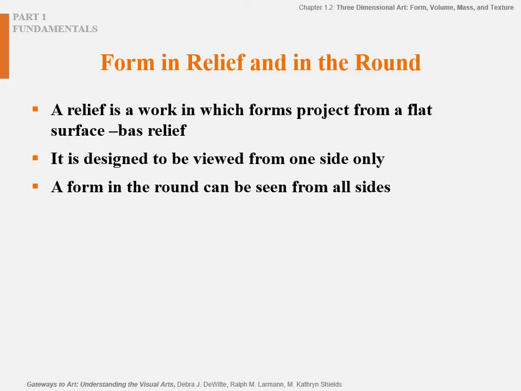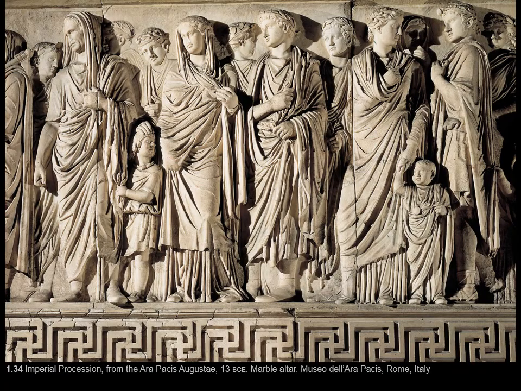There's also form in relief and in the round. I don't know why the textbook puts this here rather than in sculpture, but there is something called relief sculpture. This is a piece that would have been on the side of a temple or a big government building from ancient Rome, and this is called high relief.